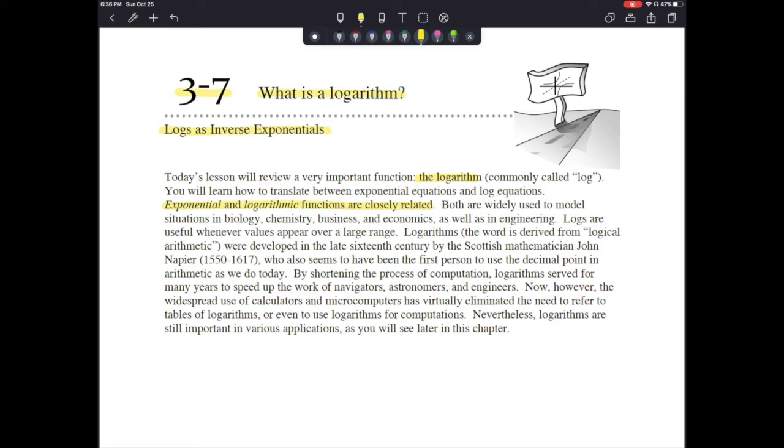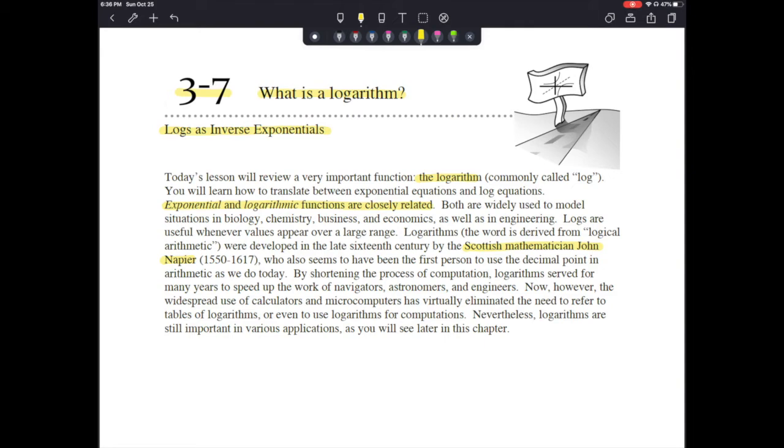Logarithms, the word is derived from logical arithmetic, were developed in the late 16th century by Scottish mathematician John Napier, who also seems to have been the first person to use the decimal point in arithmetic as we do today. By shortening the process of computation, logarithms served for many years to speed up the work of navigators, astronomers, and engineers.